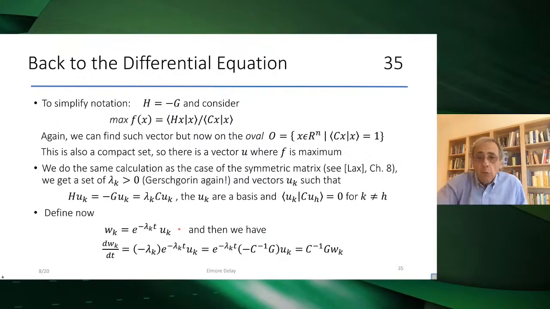And now we have the solution, because now we can take these eigenvalues. In this case, as I change the sign, they're positive so that we can clearly see the negative exponential. You use Gershgorin exactly the same way, except for the scaling of the C. And now we are in good shape because we have this set of vectors with negative exponentials as you go.